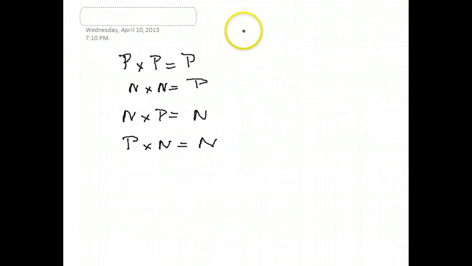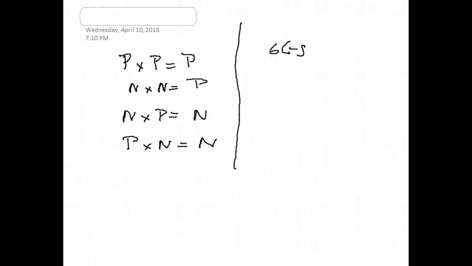So, if I have 6 times minus 8, that is a positive times a negative, so my answer is going to be negative, and therefore it's going to be equal to negative 48. However, if I multiply a negative 6 times a negative 8, my answer is going to be positive.